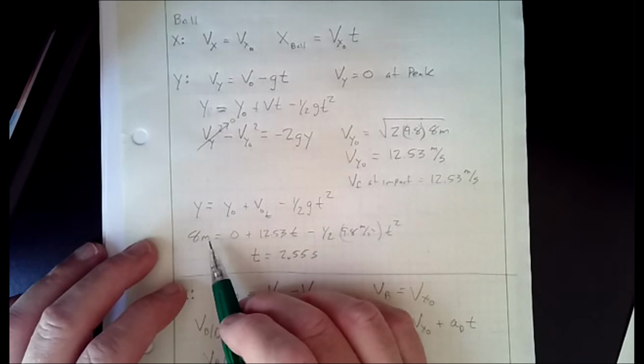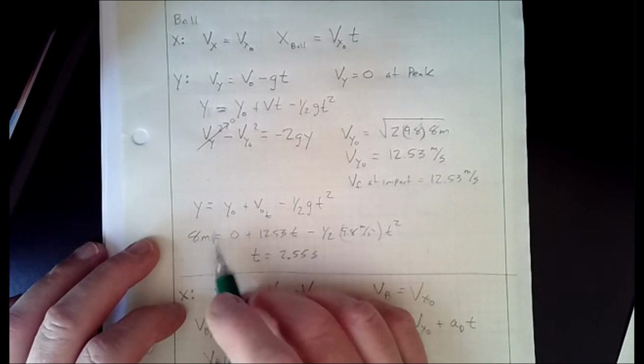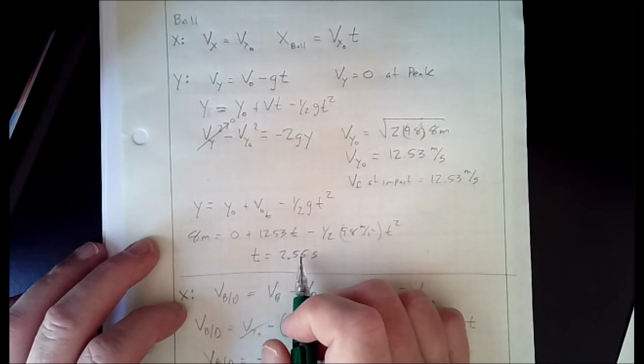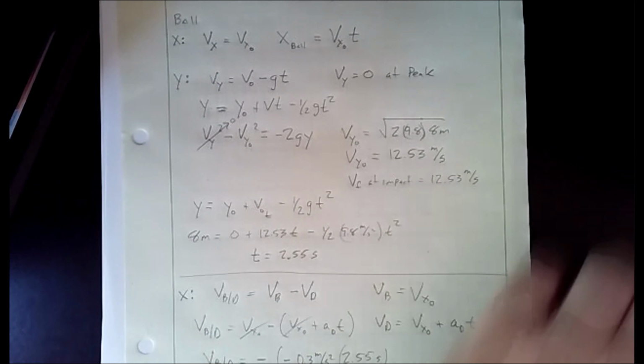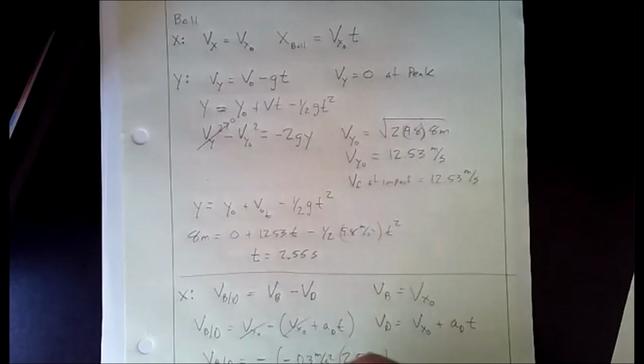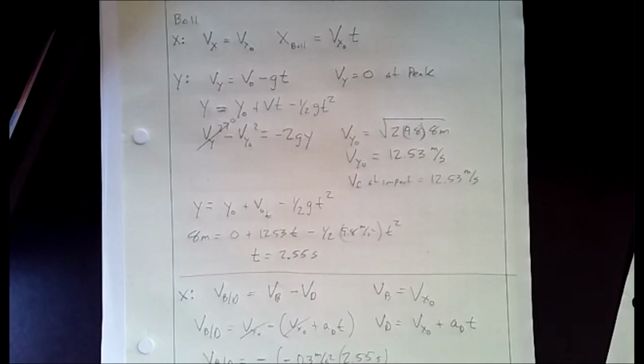I see what your point is, because you're right, the way this is set up, it almost looks like it's a 2.55. I don't believe so. Let me look back at my original notes. I don't believe I put 16 in for that. I'd have to go back and check. I'm not sure, but it does account for that, but I can't remember if I put in 16 or if I did something different. But you're right, you have to account for the fact that it goes up and it goes down.